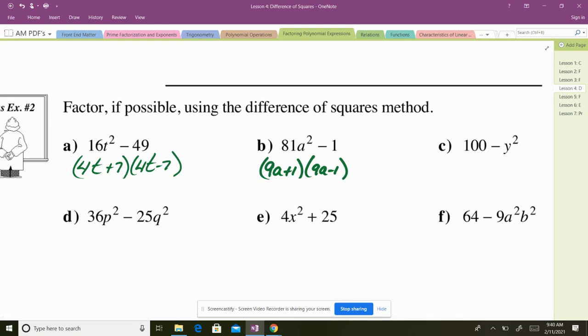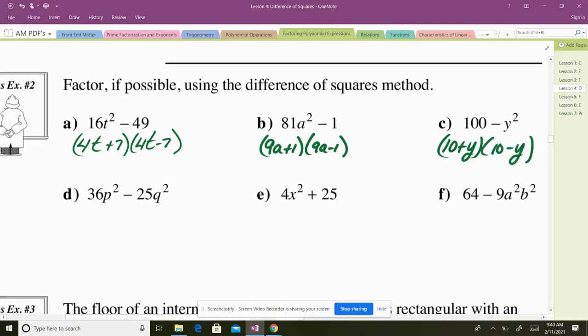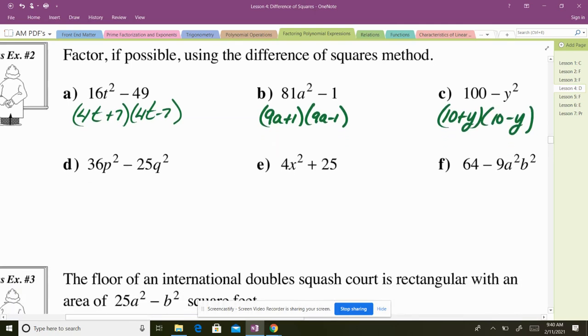C. So it becomes, there you go. D. 6p minus 5q, 6p plus 5q. E.